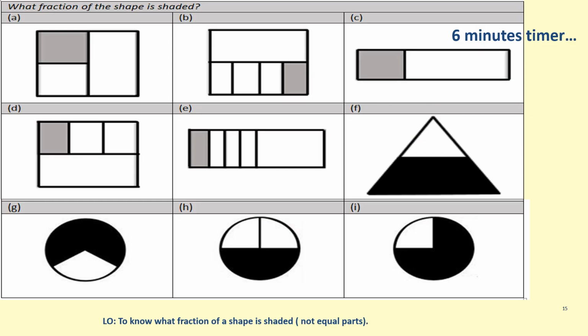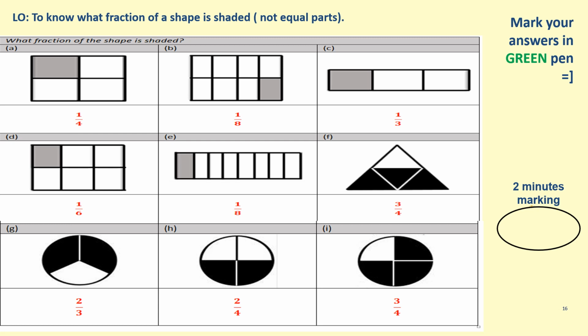And now pause this video for 6 minutes and attempt all 9 questions. And in here we've got the answers. This is what they look like when they are split into equal parts.